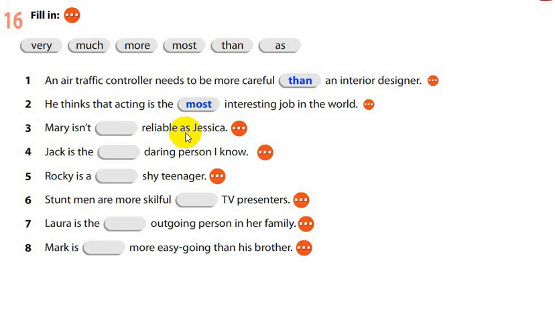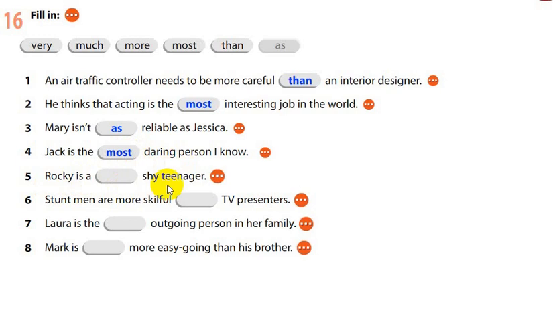If you see as in your sentence, you must know that it has a friend, and the friend is as too. So, as reliable as. Jack is the most daring person I know. The daring, alone. So the most daring is correct.